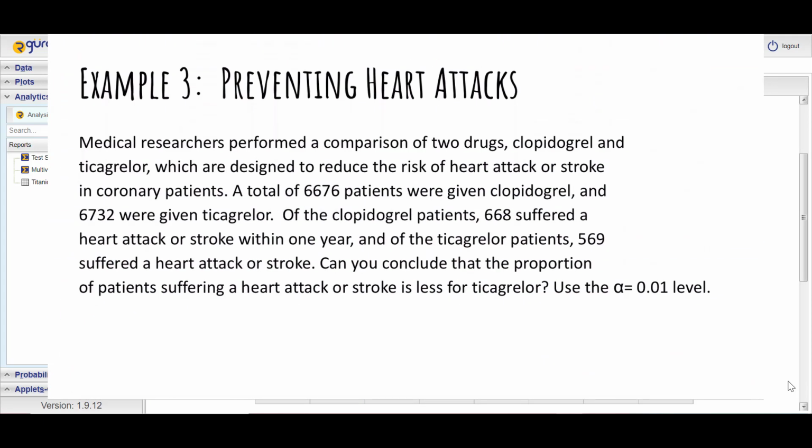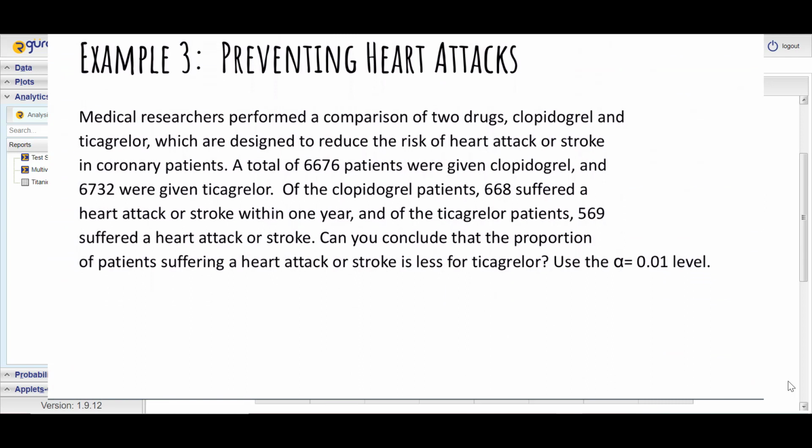All right, moving on. Last example, preventing heart attacks. Medical research performed a comparison of two drugs, clopidogrel and ticagrelor. I probably said those wrong, so I apologize. They are designed to reduce risk of heart attack or stroke in coronary patients. A total of 6,676 patients were given clopidogrel, and 6,732 were given ticagrelor.